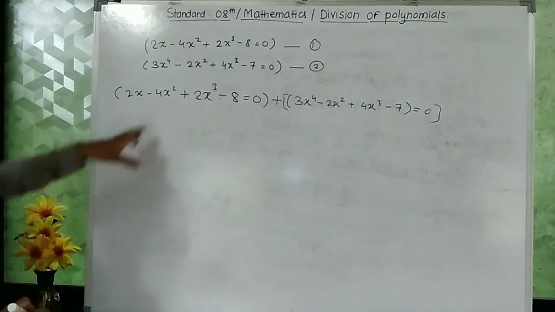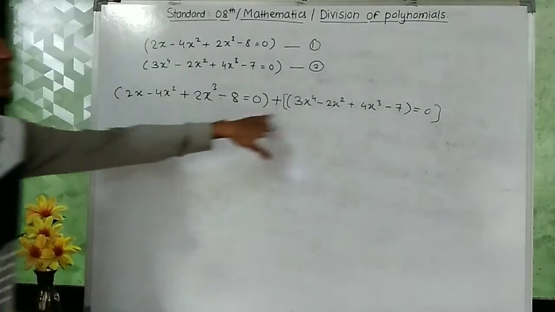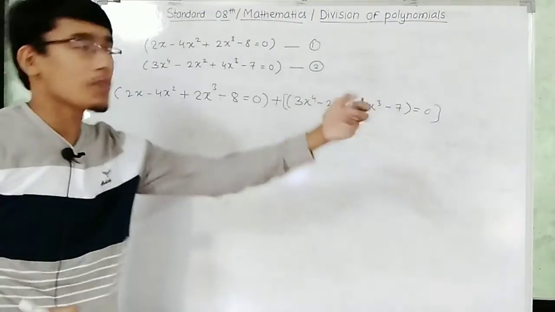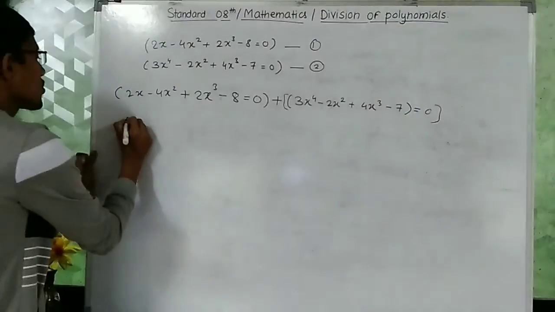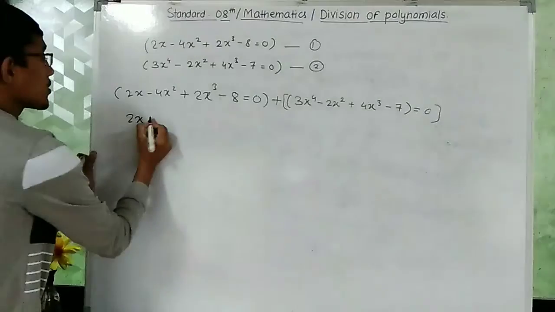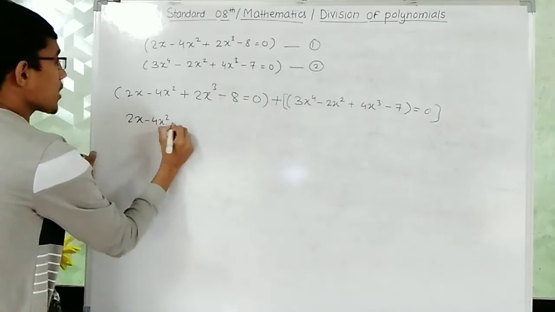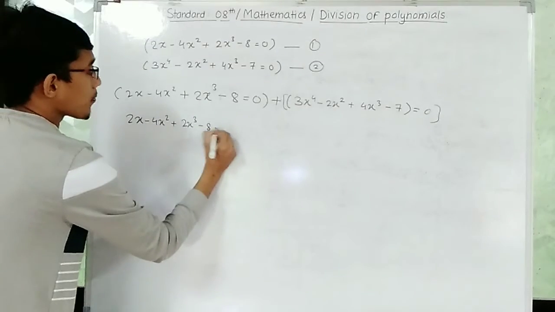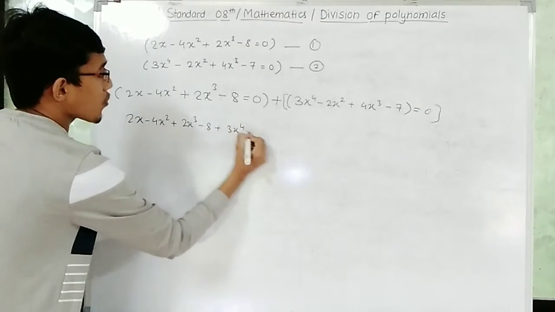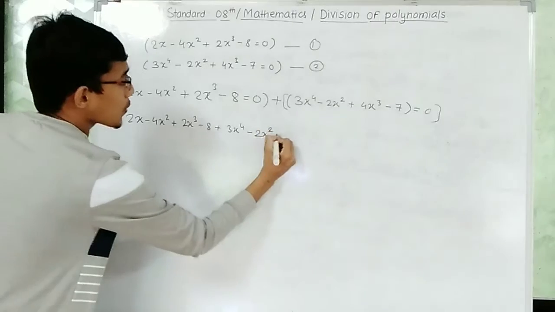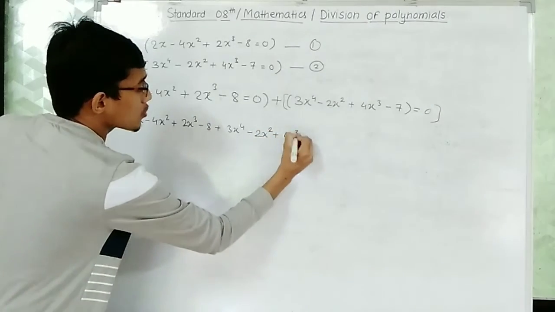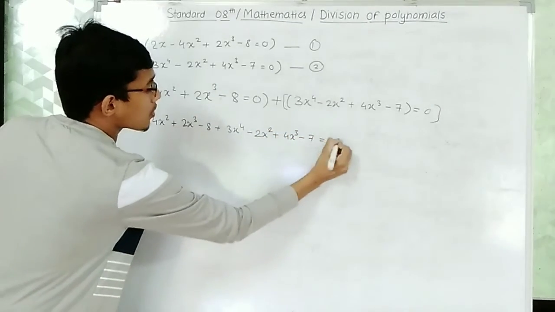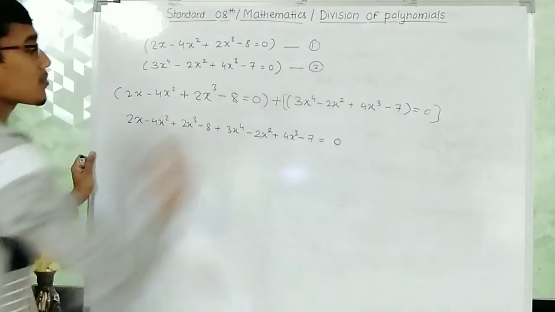Definitely I will add the LHS to LHS and RHS to RHS. So 0 plus 0 becomes 0. So I will get 2x minus 4x square plus 2x cube minus 8 plus 3x raised to 4 minus 2x square plus 4x cube minus 7 equal to 0.